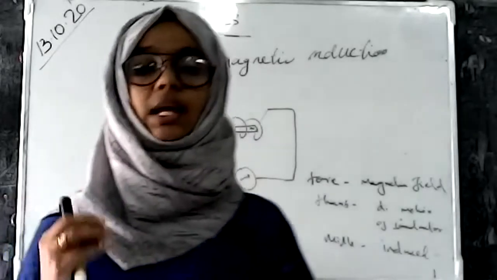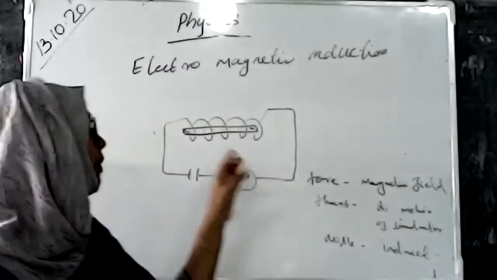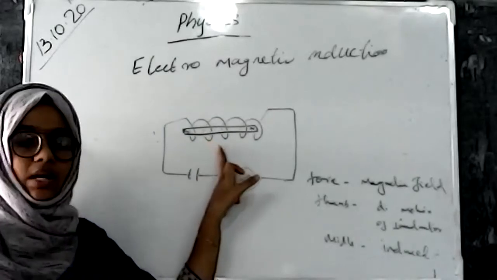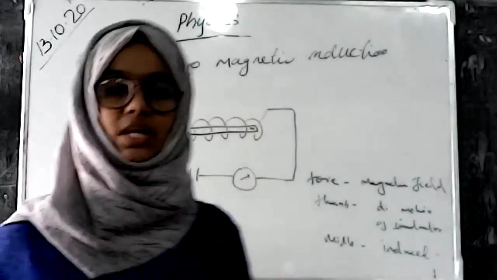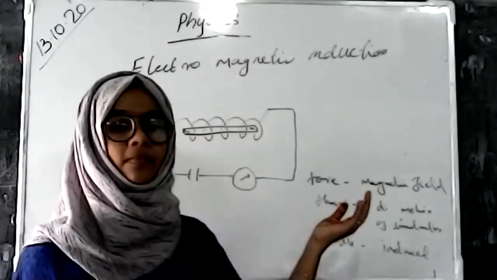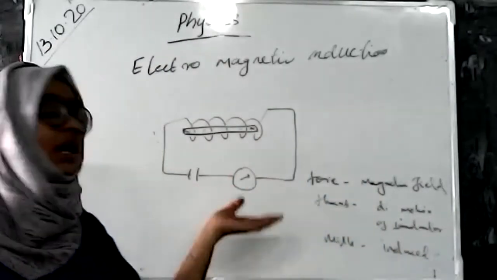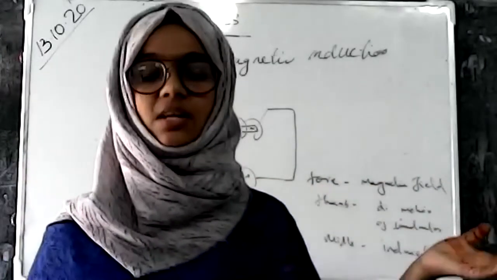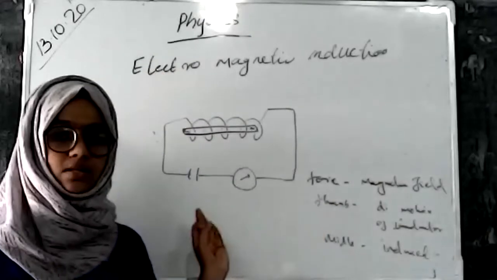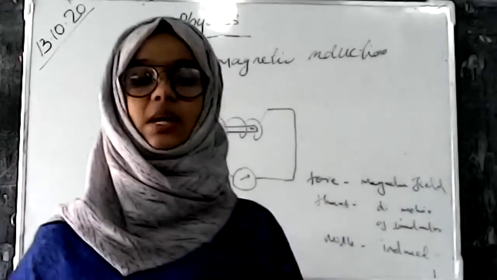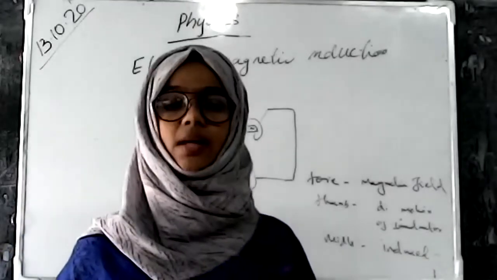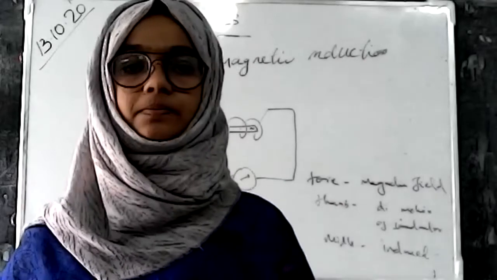That is, when we move a straight conductor inside a solenoid, electricity is produced, and the direction of that electricity is not continuous. Based on that direction, there is direct current and alternating current, and we will discuss what they are through the slide.